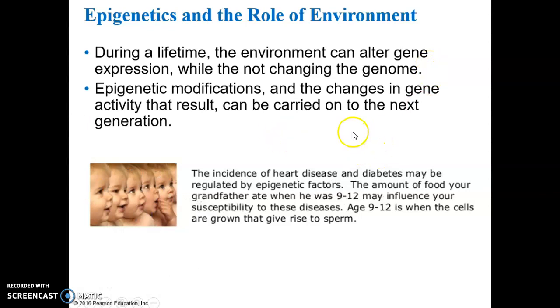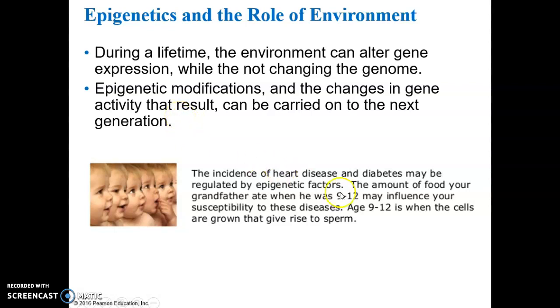So with epigenetic modifications and the resulting changes in gene activity, those can actually be carried on to the next generation. So the influence of the environment doesn't just influence the one particular individual, but can be transferred genetically to the offspring. So basically something that has happened to your parents or grandparents can result in changes in you.